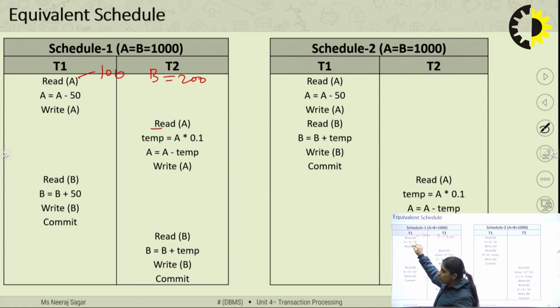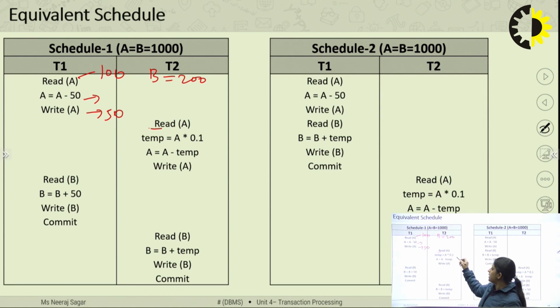Then T1 reads the value of A, which is 100, performs this operation, and finally we get A as 50. Then after this part of execution we start the T2 transaction.